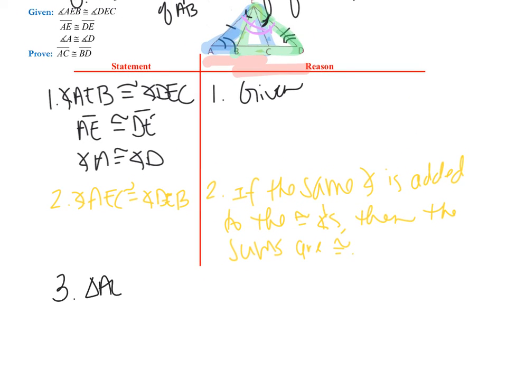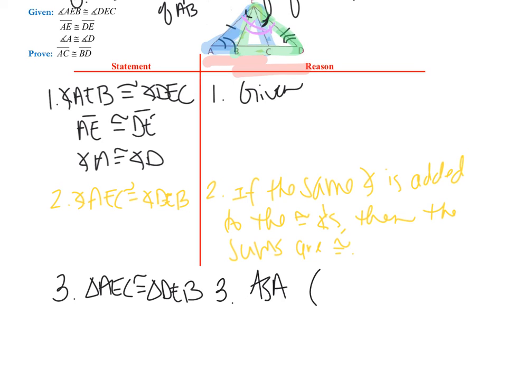So triangle AEC is congruent to DEB. Make sure you go all the way over to the other triangle. Again, why am I doing those sides? Because I want to prove AC is congruent to BD. So I need to look at this blue triangle and this green triangle. And we proved it by angle, side, angle.